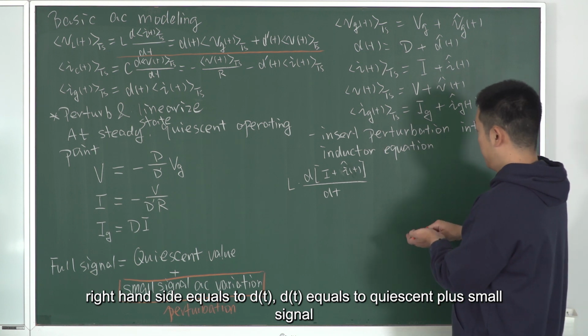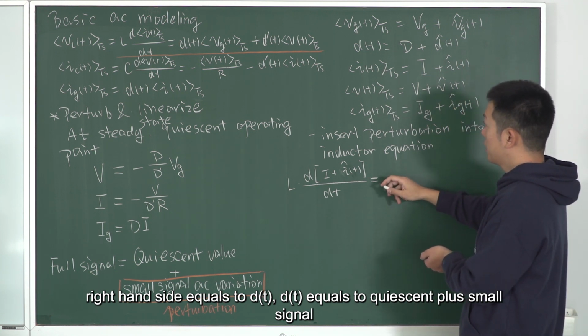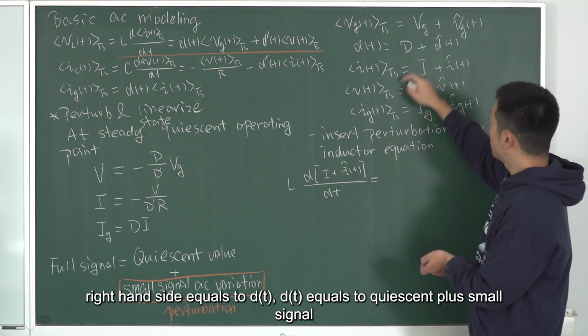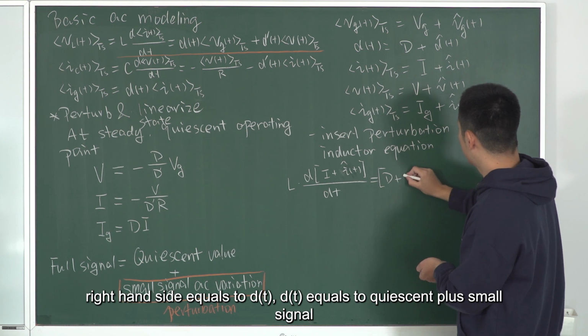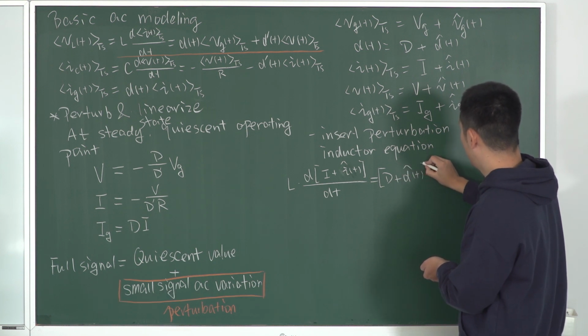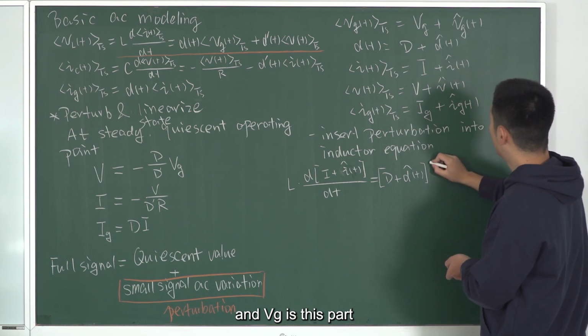Right-hand side equals D, right? D equals quiescent plus small signal d. And Vg is this part.